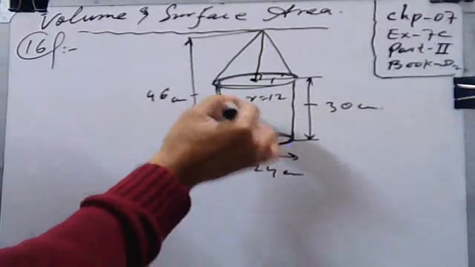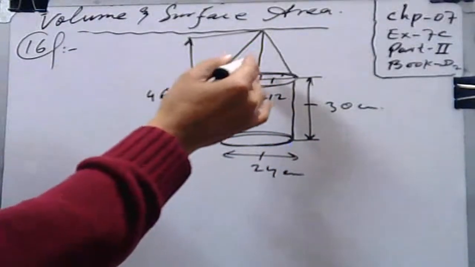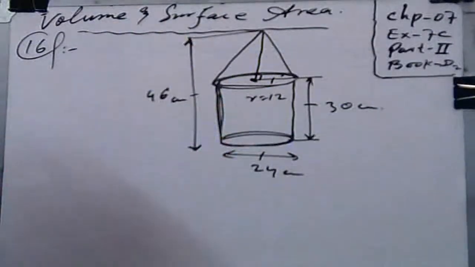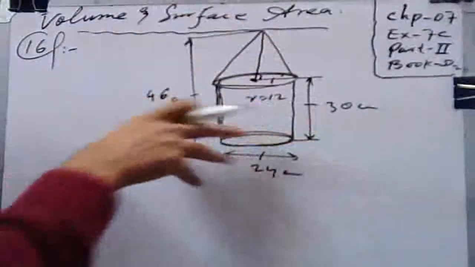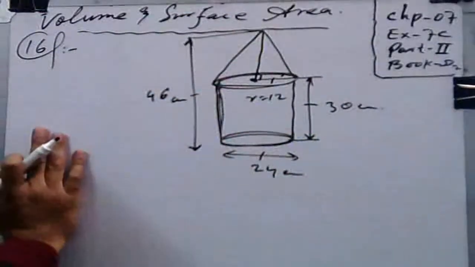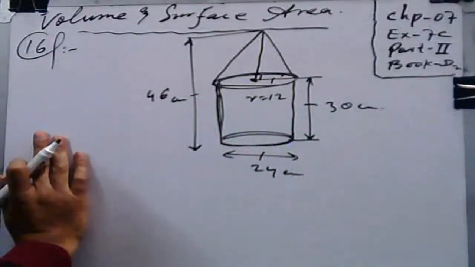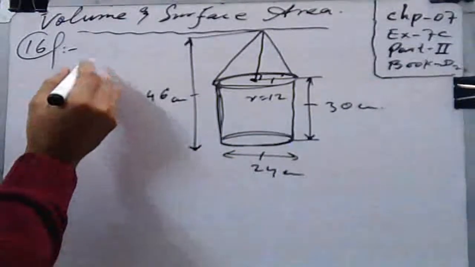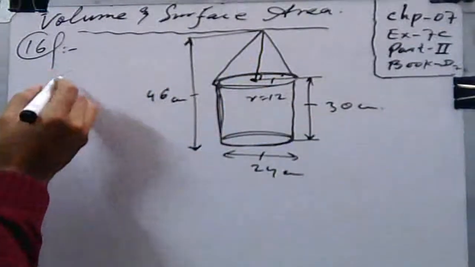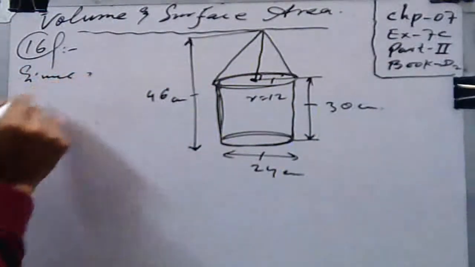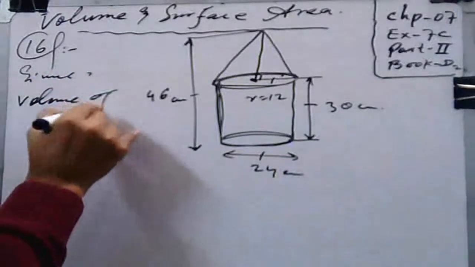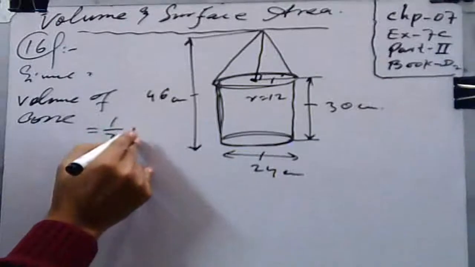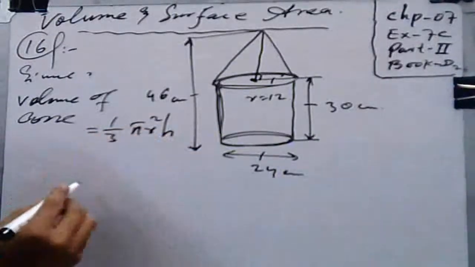The volume of the cone is equal to 1 by 3 pi r square h. We have been asked not to simplify pi. The cone has r equal to 12, and how can we find the height of the cone?